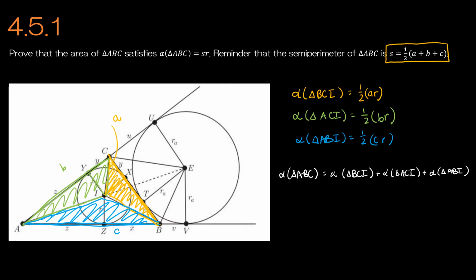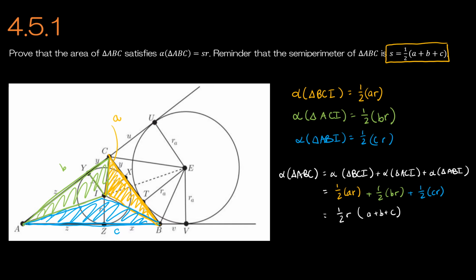So I'm going to do some replacements. The area of triangle BCI, as we know, is 1/2 ar. The area of triangle ACI is 1/2 br. And the area of triangle ABI is 1/2 cr. Now, just doing some algebraic manipulations, I can obviously take out the 1/2 and take out the r, and that would give me 1/2 r times a plus b plus c.